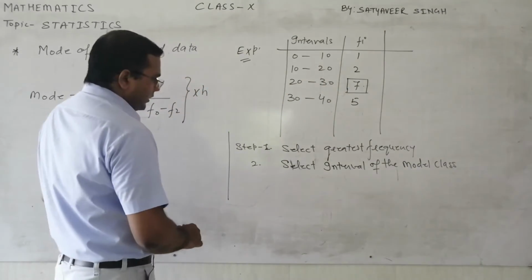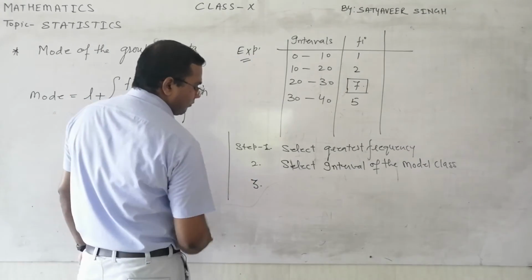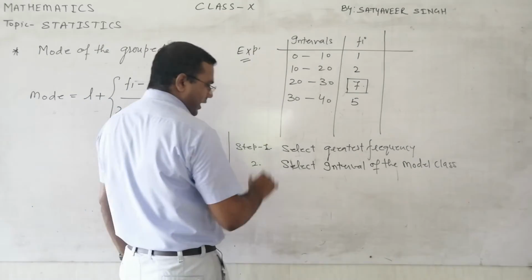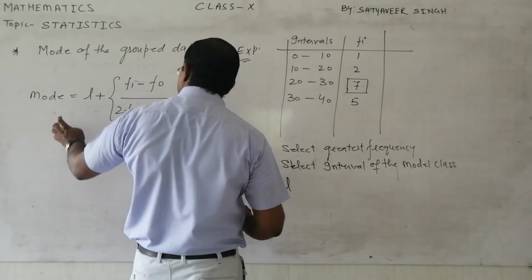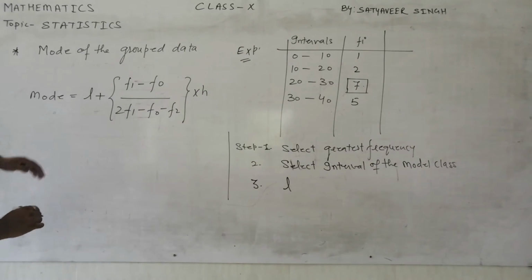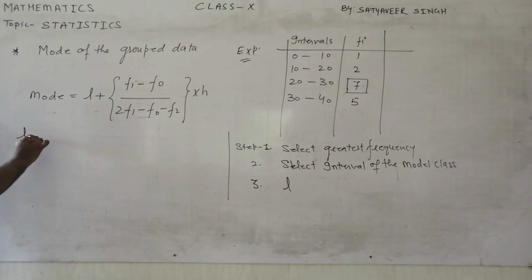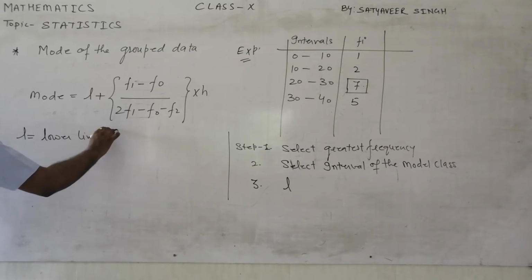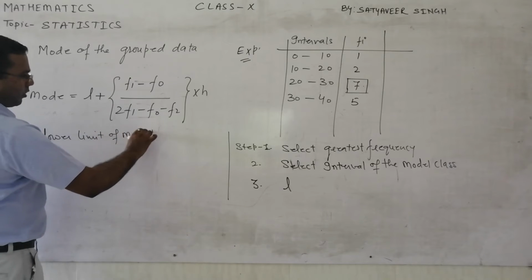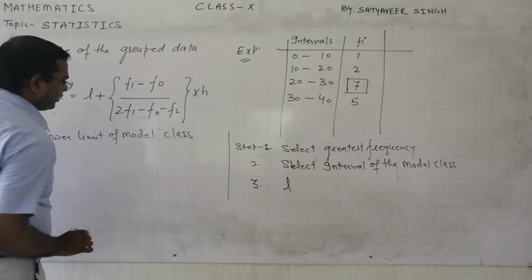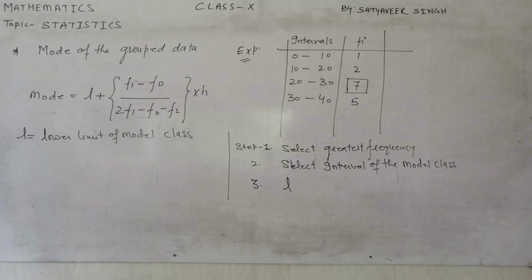And then step 3, you select the value of L. L is what, this term I am using here. What is the meaning of L? L is the lower limit of the modal class.